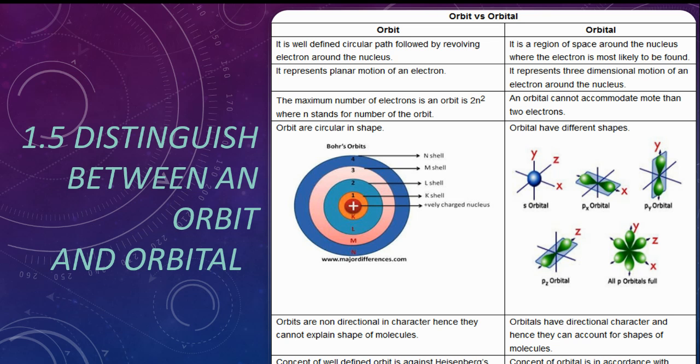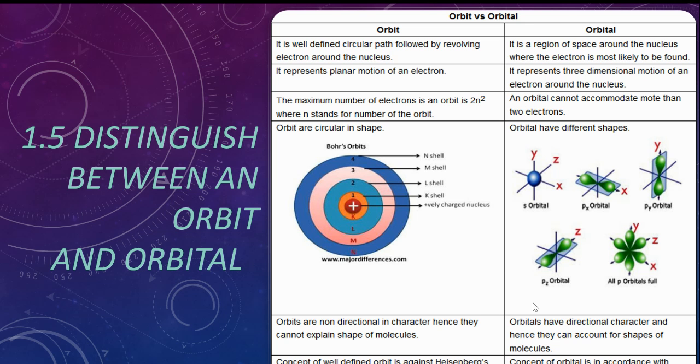Last point, the concept of the orbital is in accordance with Heisenberg's uncertainty principle. According to the Heisenberg uncertainty principle, the electron is of a wave nature only. Whereas Niels Bohr treated the electron as a particle, so he said the electron will jump from one orbit to another orbit.